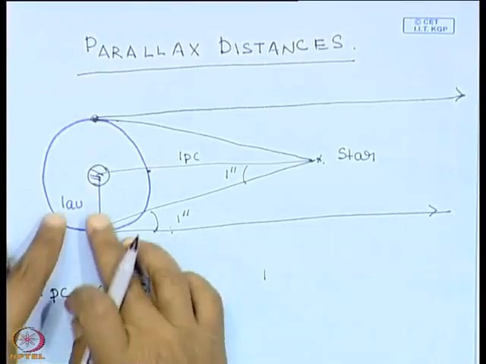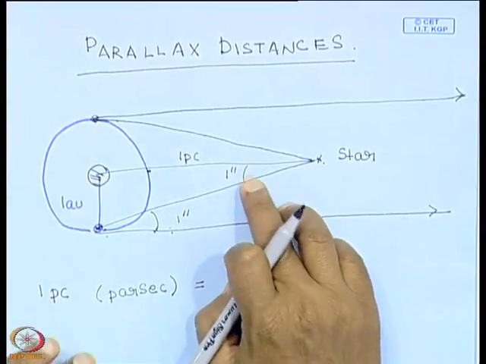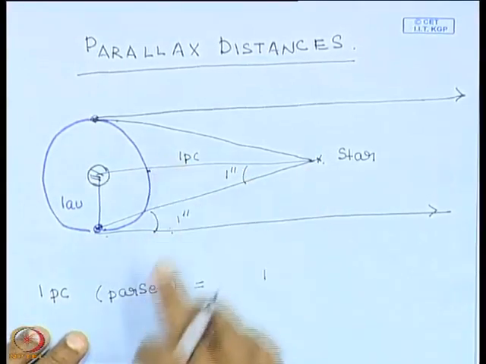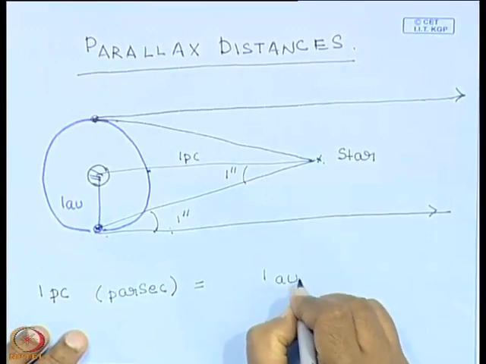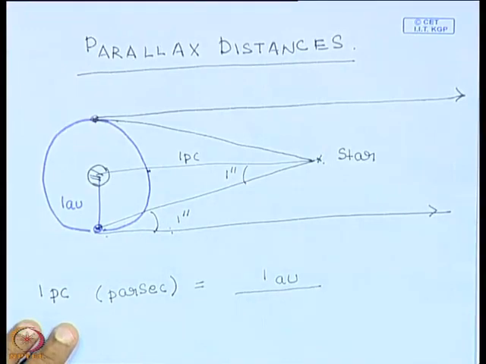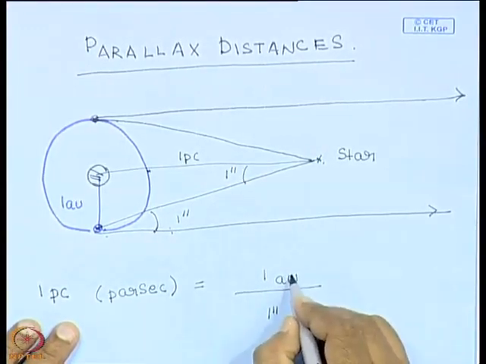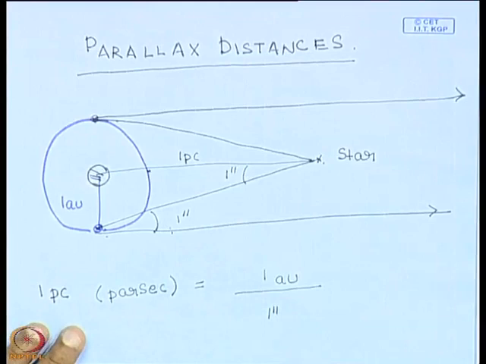So, 1 astronomical unit is 1 parsec into this angle, or 1 parsec is 1 astronomical unit divided by 1 arc second, and you have to convert this angle into radians.